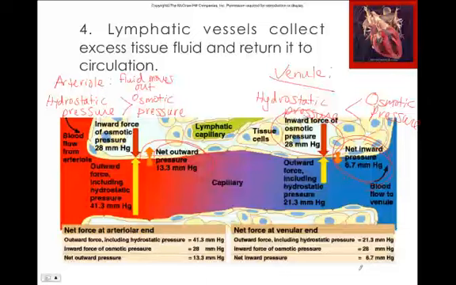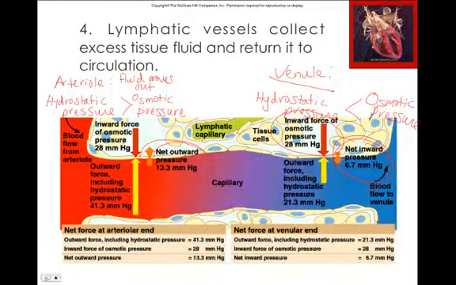So what this means is we're going to lose more fluid to the tissues than we gain, okay? So we do lose some fluid to the tissues. It's just that we don't lose all of our fluid to the tissues.